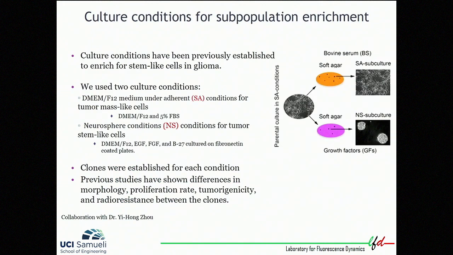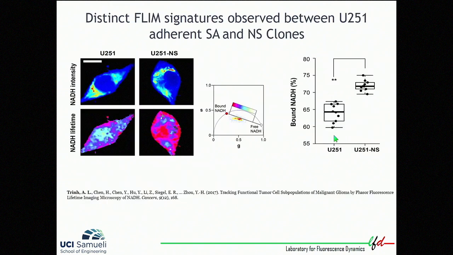So one of the approaches here is to take the primary cells from a tumor sample and then culture them in media. We use two different types of culture, the serum adherent media condition and the neurosphere condition for the tumor cells, and we have two different subclone populations.